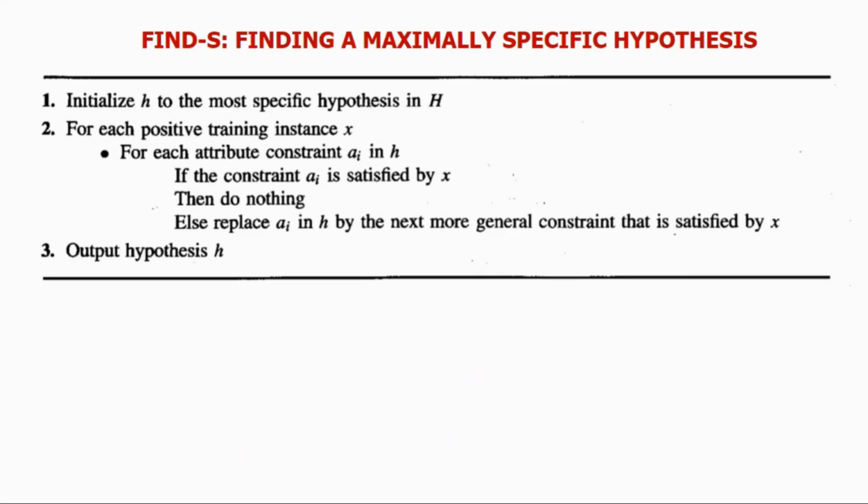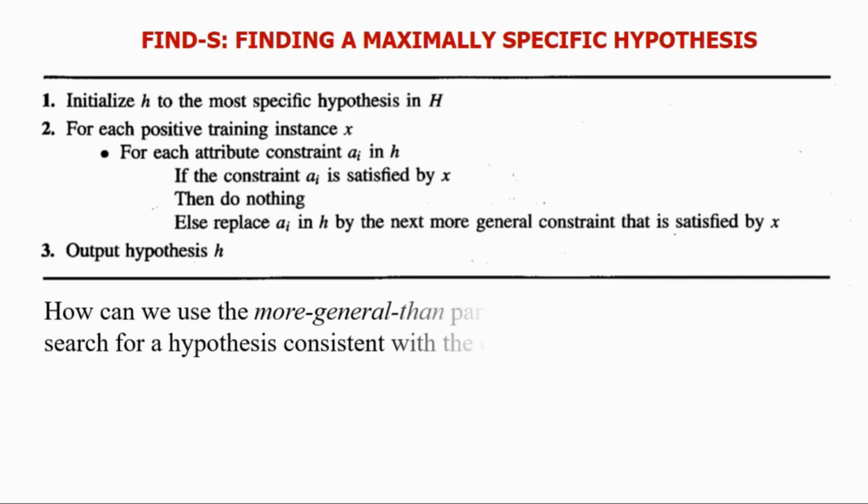Otherwise, replace the most specific hypothesis value with the value available in the instance. That is what the algorithm says. This step is repeated for all examples given. Then finally, the generalized hypothesis is the output.